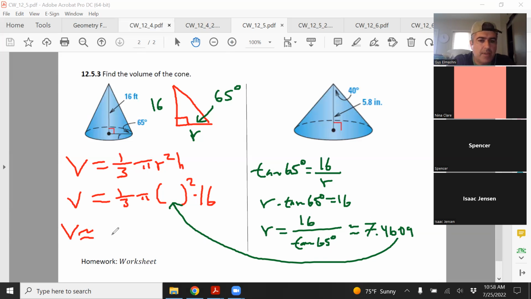So if I square that times 16 divided by 3 times pi, should get about 932.7. That's cubic feet. Okay.